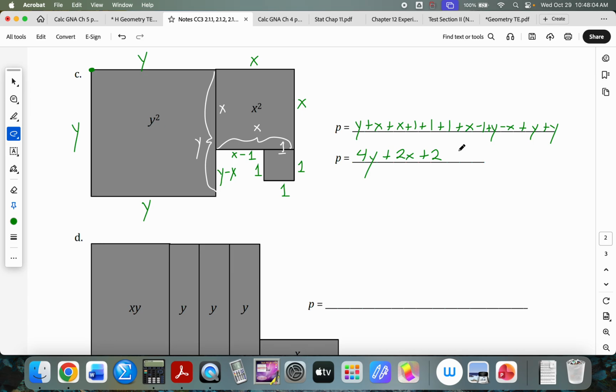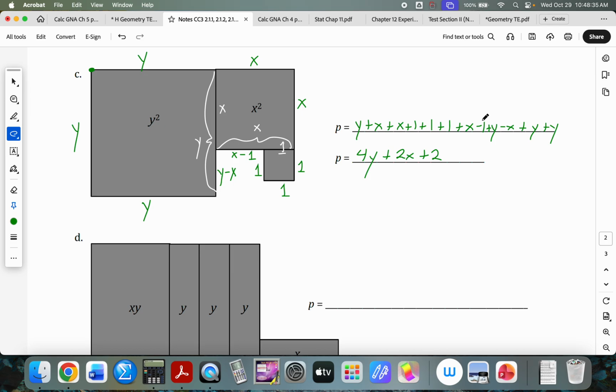Yes, ma'am. Wait, so for the x minus 1, what do we do for it on there? What do you mean, what do we do for it? Like, you know how there's like the second, what is it called? Perimeter? Like, we simplify all the ones? Yeah. And so since there's a negative 1, there's 1, 2, 3 positive ones and 1 negative 1.